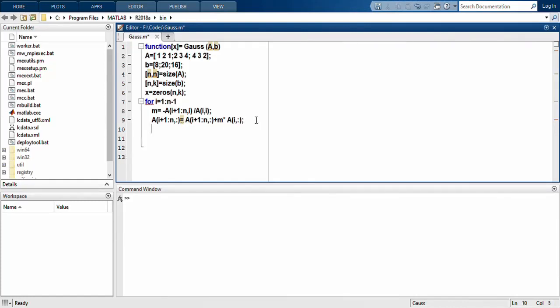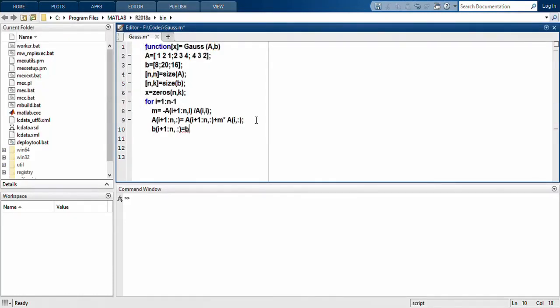Okay, the same changes, because it is an augmented matrix, so the same changes will be done in the constant vector. b(i+1 to n), because the rows are changing accordingly and you have to use only row operations for this.